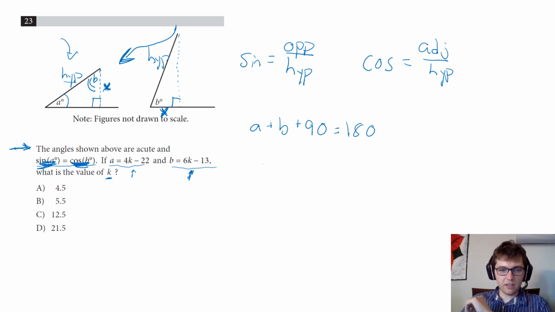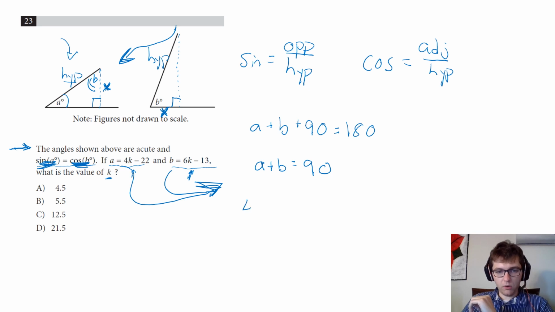Subtract 90 from both sides to give yourself A plus B is equal to 90. At this point, you can plug in what you have given in the problem, your A's and B's. So plug in A, you have 4K minus 22. Plug in for B, 6K minus 13 is equal to 90.